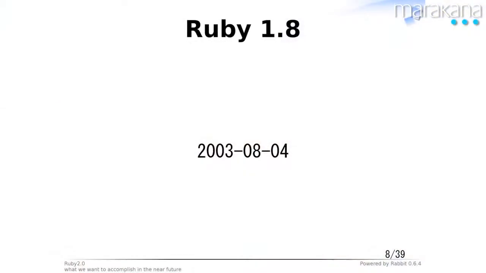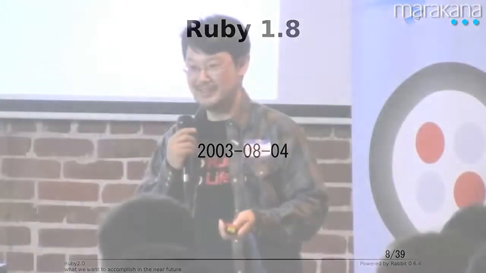And Ruby 1.8 was released on August 4th, 2003. It's a little bit earlier than planned, but Ruby 1.8 lasted 7 years. Half of the history of Ruby was spent in the 1.8 era.